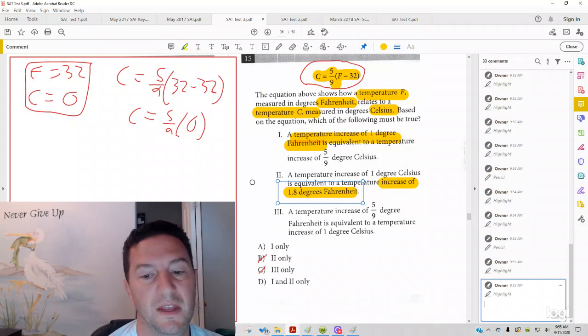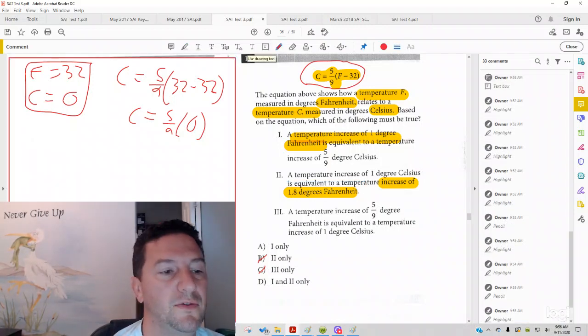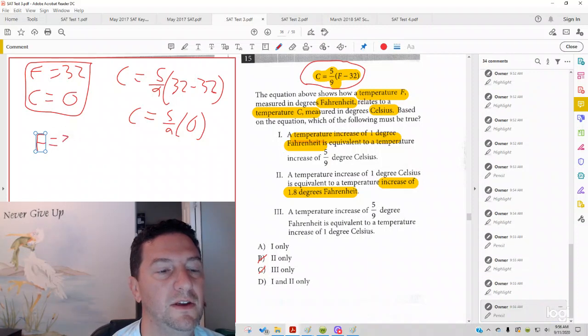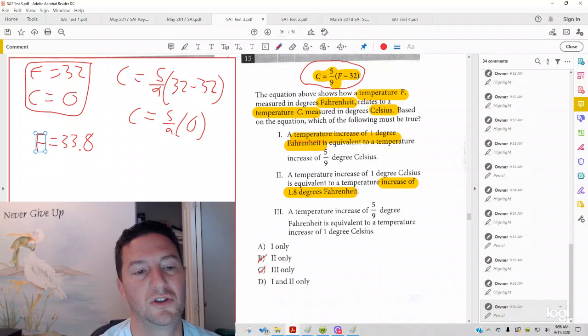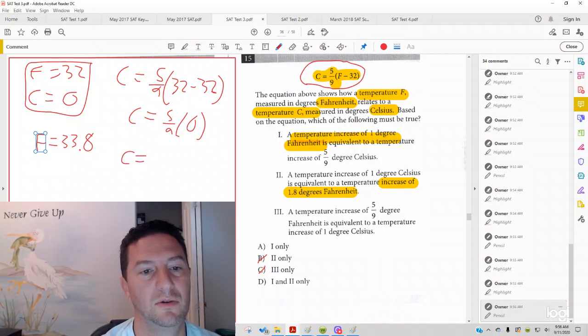So if your Fahrenheit is increased by 1.8 degrees, now your Fahrenheit is going to be 33.8 degrees. Okay? So if we plug that into the equation, now we've got C equals 5/9 times 33.8 minus 32.